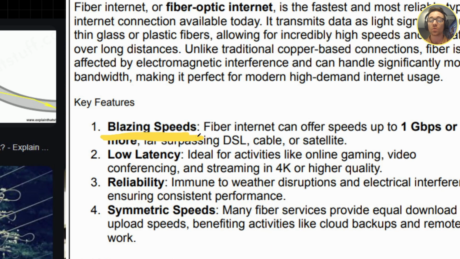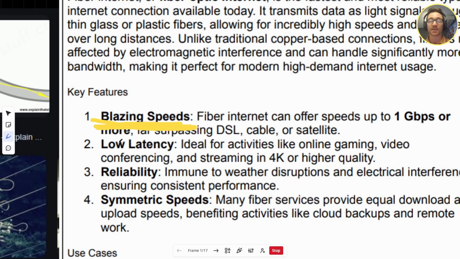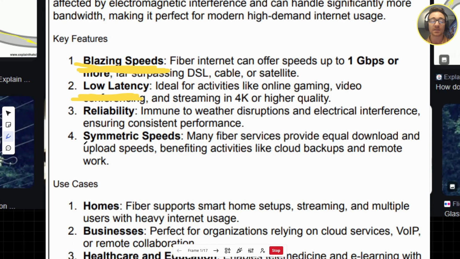It is so fast, and it can also go really long distances with quite impressive speeds as well. Really fast at long distances, which comes into that low latency, and it has symmetric speed, so same upload and download speed, which is not the case for all of them, as we will start to see.